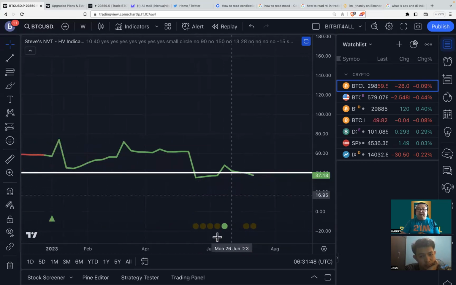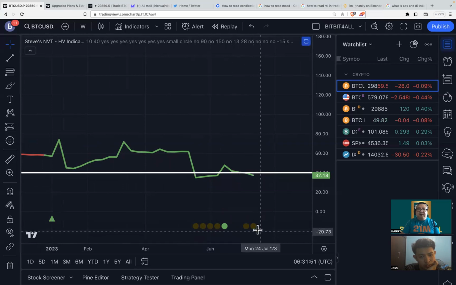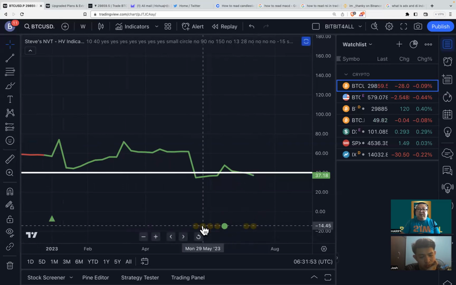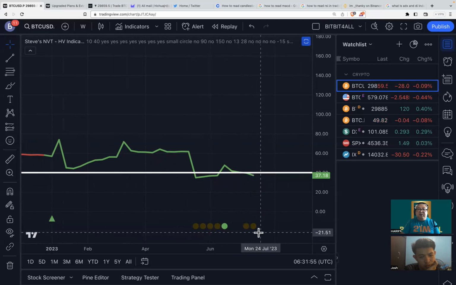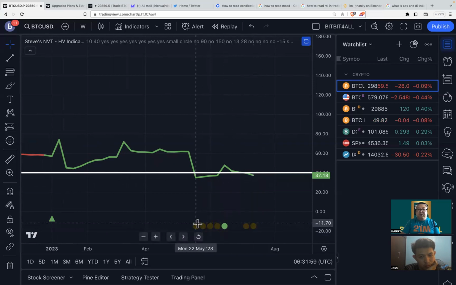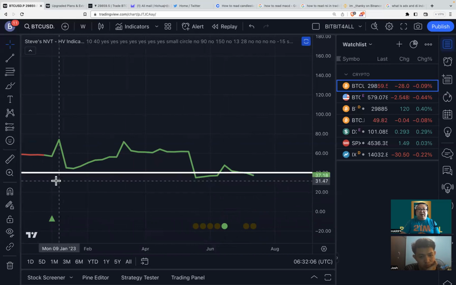Another big movement. Steve said, when you get signals like this, the greenish gold, that's a signal of a huge movement. We had a huge movement from May. Look at January, from 17,000 it went to 23,000 in 3 days.